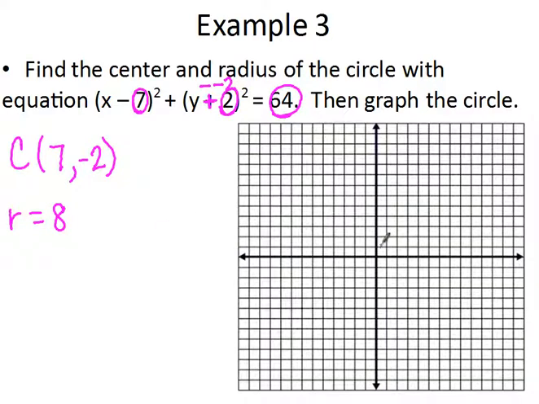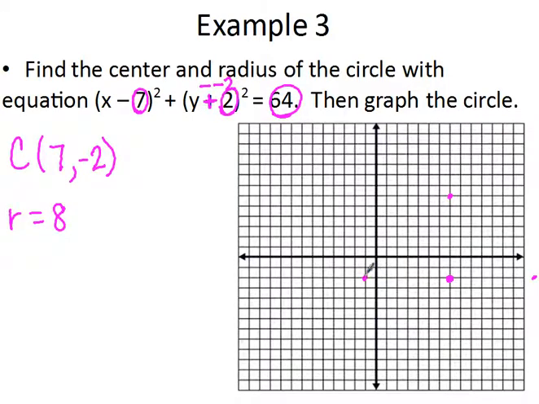So then to graph the circle, we put the center on first. So we go 1, 2, 3, 4, 5, 6, 7, negative 2, and then it has a radius of 8. The easiest way to graph this is to count 8 to the right, up, left, and down, and then kind of sketch in the circle from there. So we go 1, 2, 3, 4, 5, 6, 7, 8 out here. 2, 3, 4, 5, 6, 7, 8.